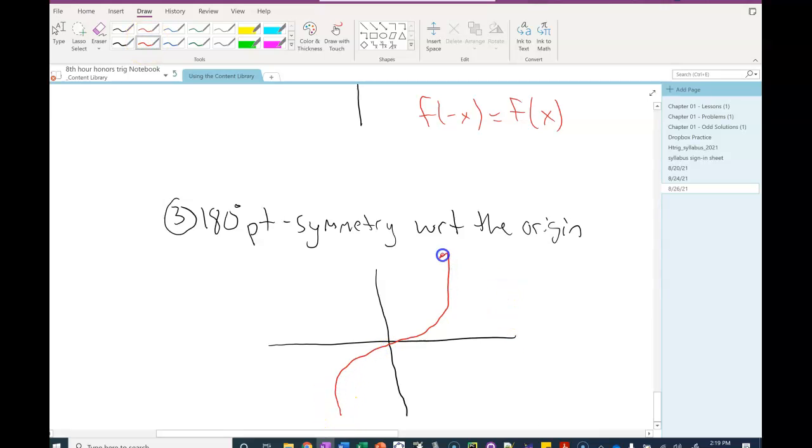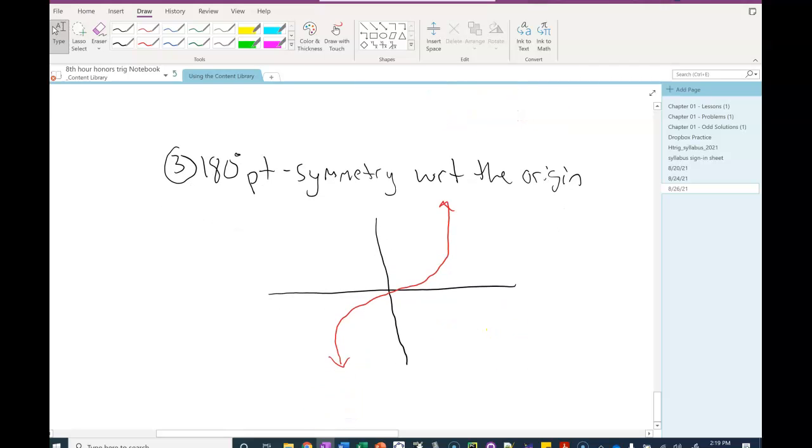Let's see if I can draw it well. Imagine we have some point here, and I tie a rope to that point and a rope to the origin, and then I spin that rope 180 degrees. That point should also lie on the other part of the graph.